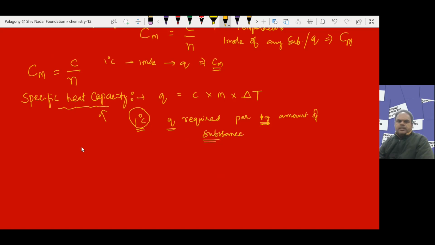The specific heat capacity for water will be how much? Nearly 4.2 joules per Kelvin per gram. Since heat is measured in joules, specific heat capacity is measured in joules per Kelvin per gram.